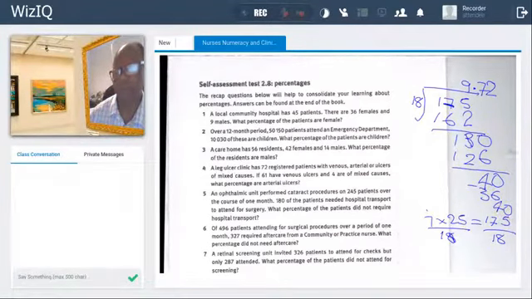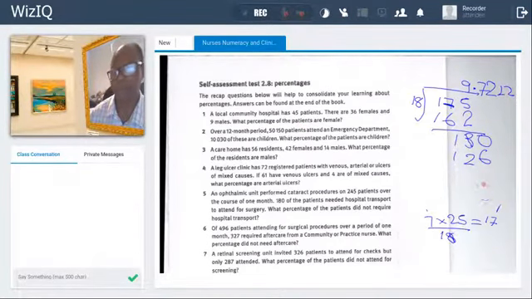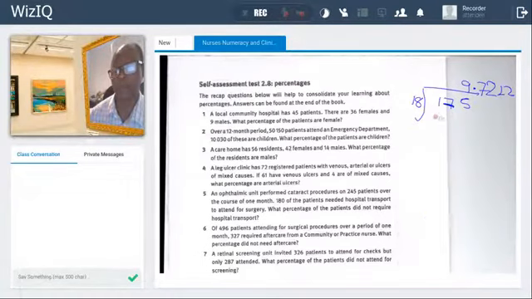So it will continue, 2, 2, 2, 2. So the answer at the end will be 9.72 to 2 decimal places.